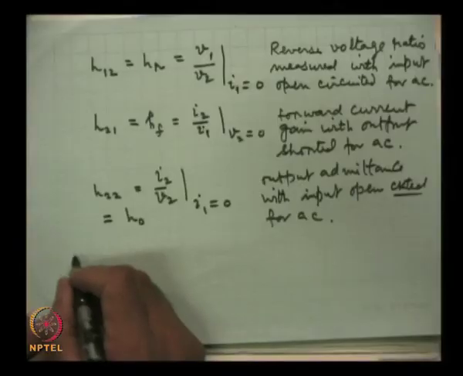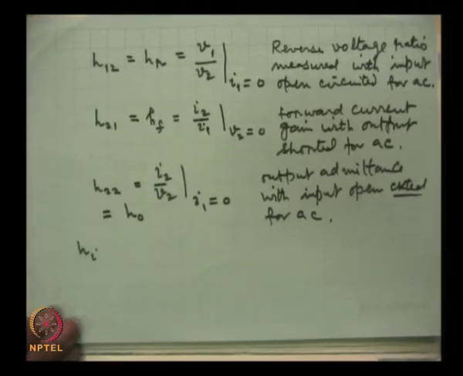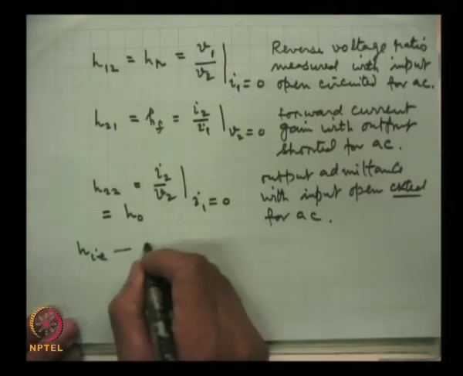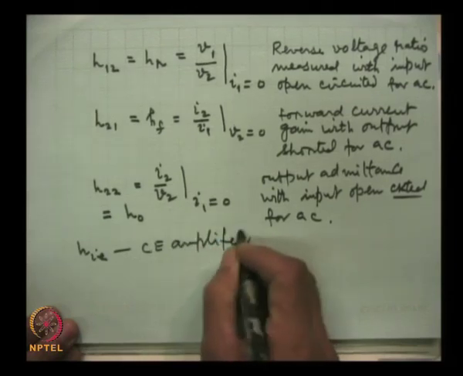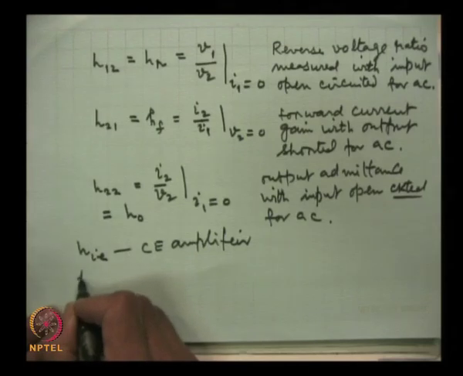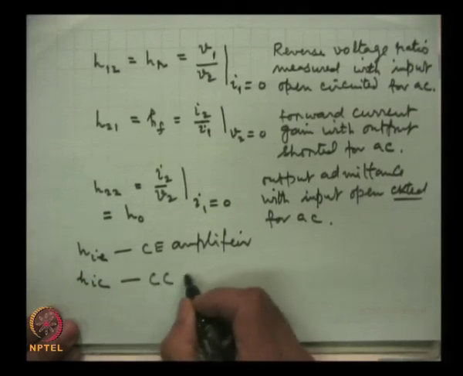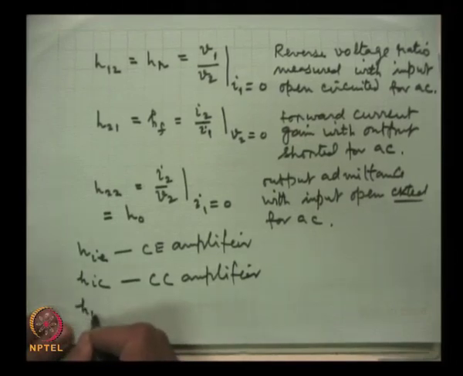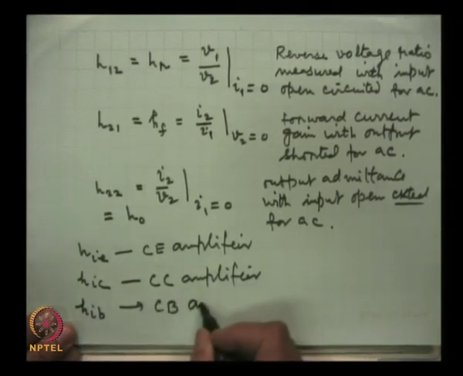Now, the input impedance HI, this is again very important in nomenclature, how we express for different circuits. Here small e, HIE, e means that this quantity is for CE amplifier circuit, and if we write HIC, this is for common collector amplifier, and similarly HIB, this is for common base amplifier.